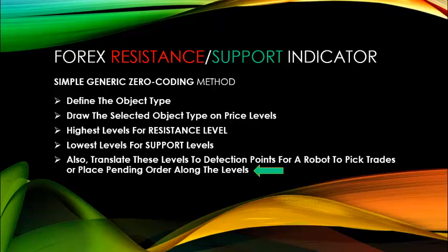I don't want to disclose the name, it's still confidential. So it actually identifies these levels and places pending orders on these levels, and when you want to trade them, the robot will actually pick the trades for you automatically and manage the trades with a very unique stop loss setting and help keep you in profits. So let's get started.